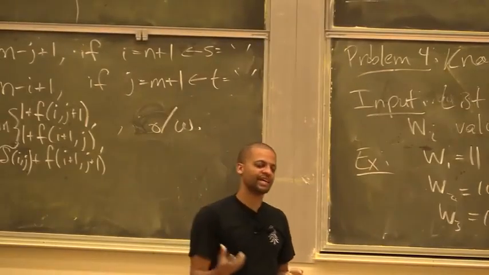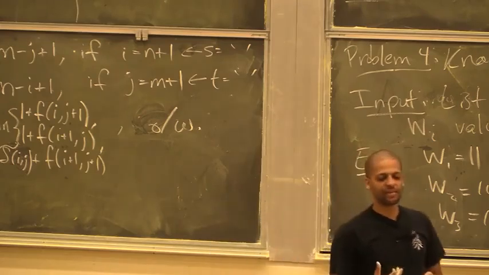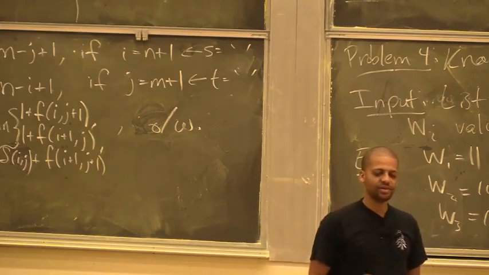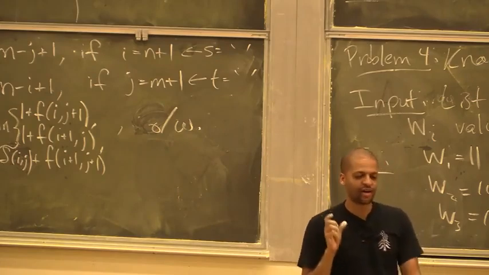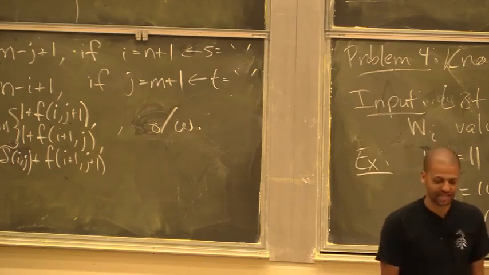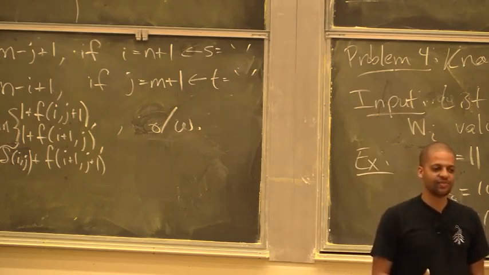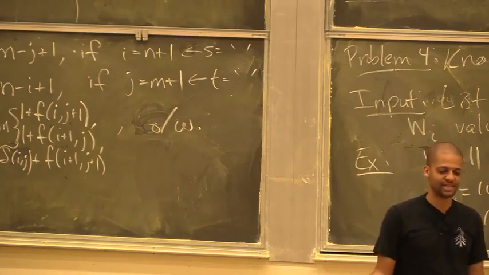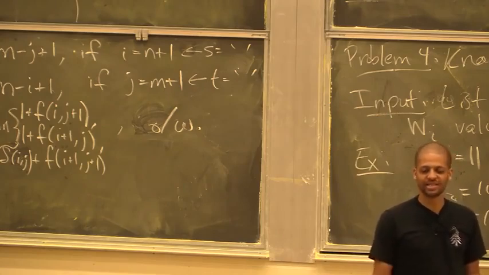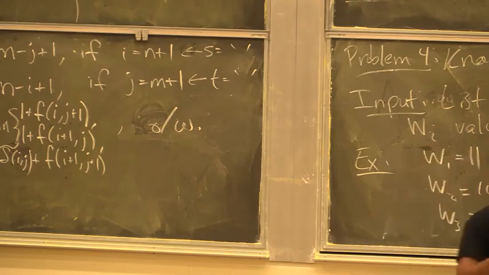But depending on if I phrase the problem as give me the nth Fibonacci number, you really can't help it. n only takes log n bits to write down. I want an algorithm that takes poly log n time. But the problem is that the nth Fibonacci number itself has n digits. So it's kind of hopeless to expect an algorithm. There is no algorithm that takes poly log n time because even the answer takes n time to write down. So it's kind of a hopeless lost cause.